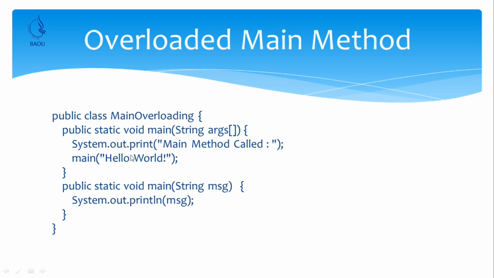We have called this overloaded method inside the standard main definition. It displays the main method code, and then we call the overloaded method with hello world. So, it displays main method code and then hello world. So, this is how you can overload the main method if you require.